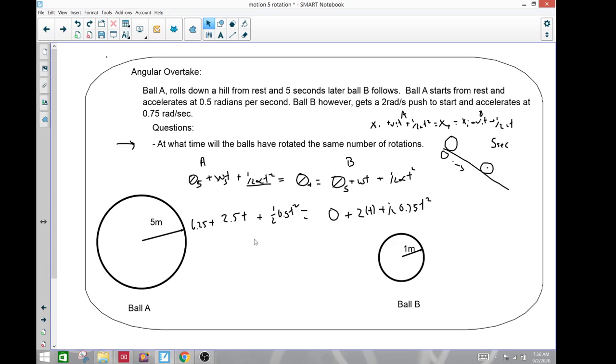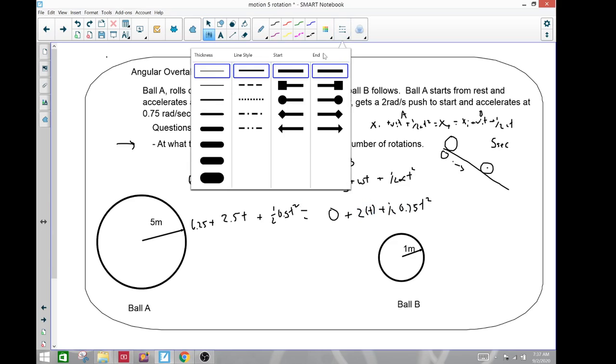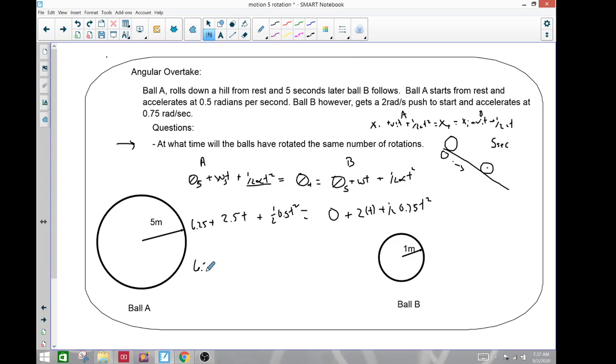Because we have a variable that's t and a variable that's t squared, we've got to get everything combined. This is a quadratic, no two ways about that. So I'm going to move everything over. 6.25 is my only non-variable factor.